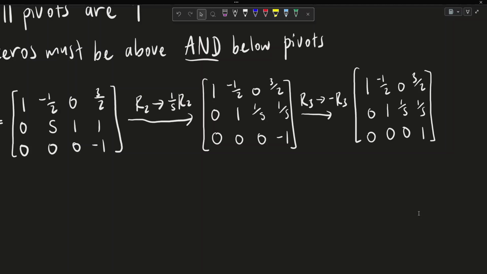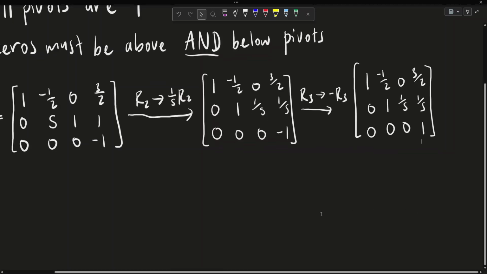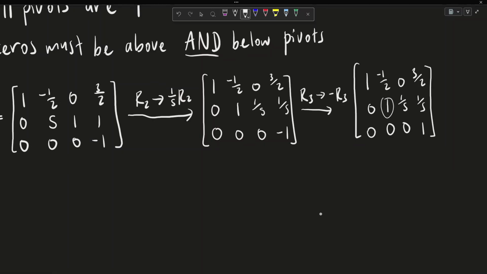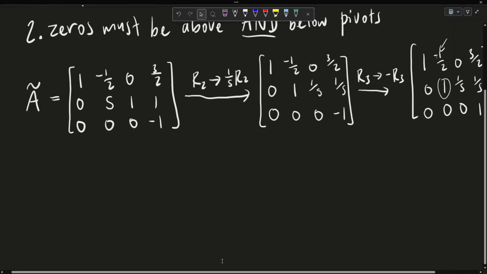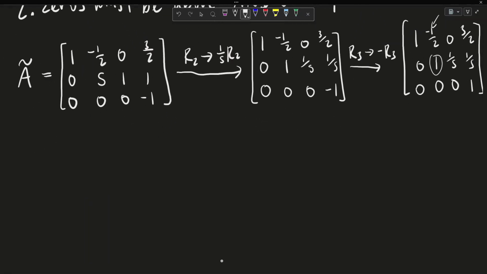Now that all our pivots are 1, we can clear out values that are supposed to be zero in rows above by using rows that are below them. First we'll clear out the non-zero values above this pivot 1, which is this one. So what we'll do is take 1/2 of row 2 and add it to row 1.